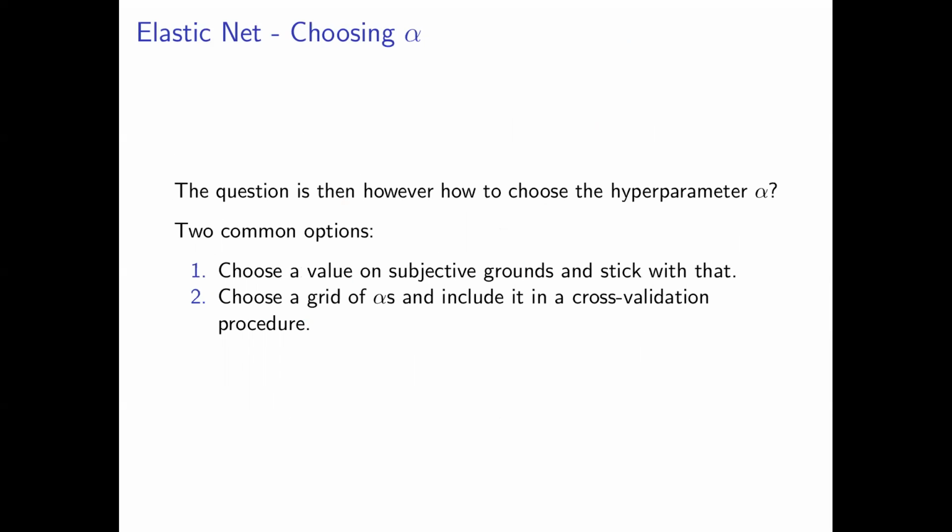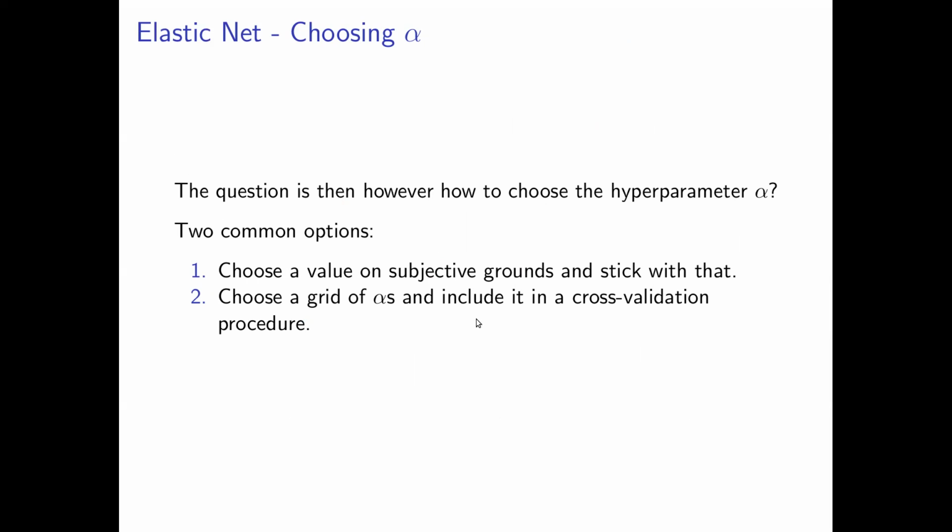So now, in addition to having this crucial parameter lambda, we also have the crucial parameter alpha, because the alpha is how much lasso and how much ridge regression is in our elastic net.